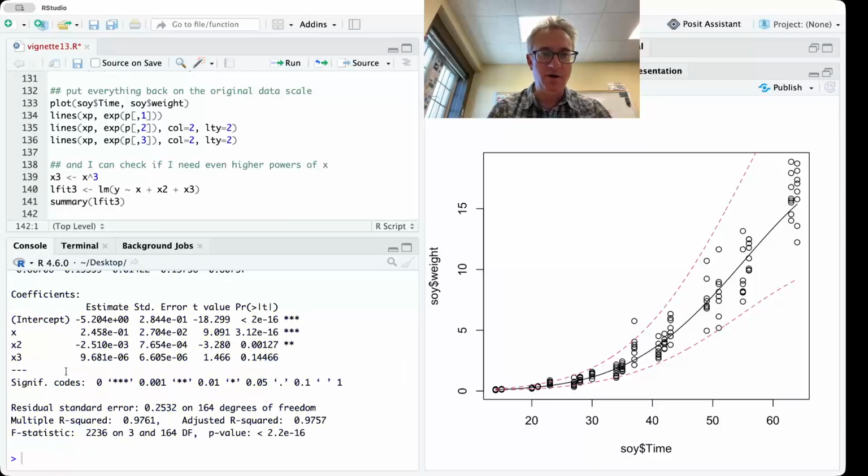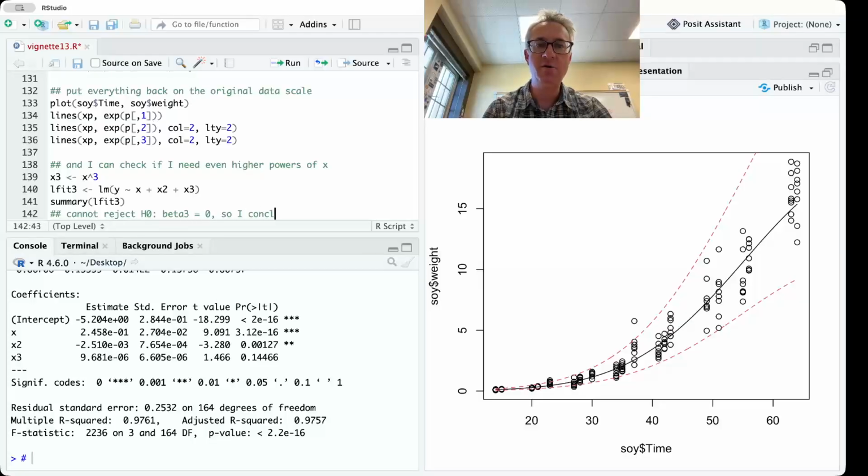And then look, the x3 predictor has a very small t-statistic and large p-value, so I cannot reject the null hypothesis that beta 3 is equal to 0.